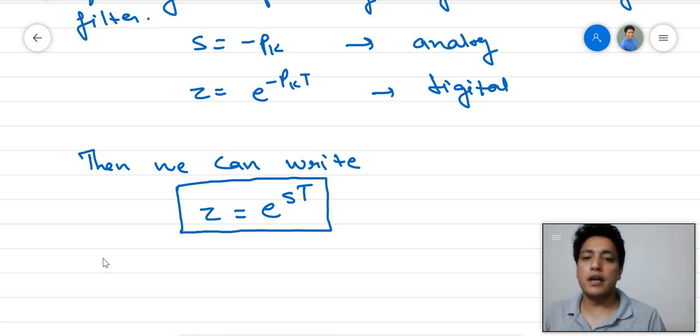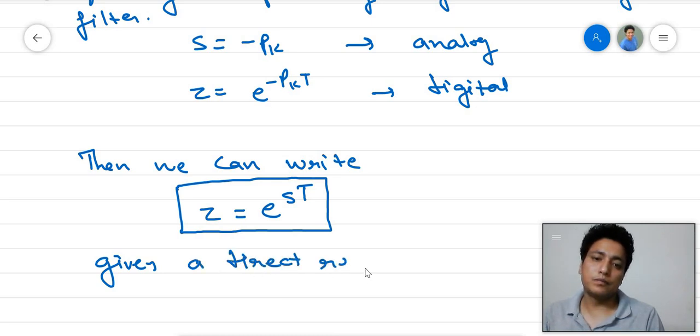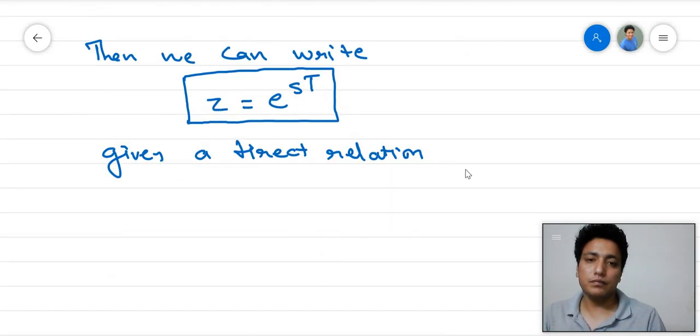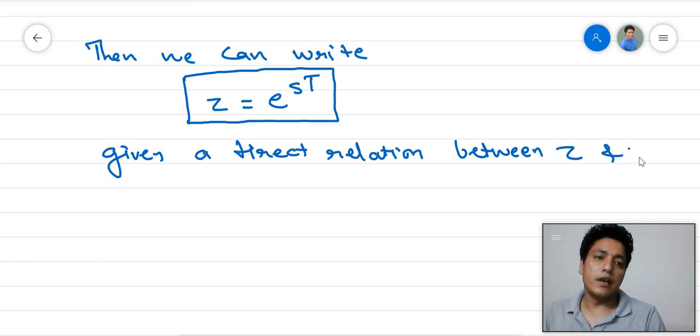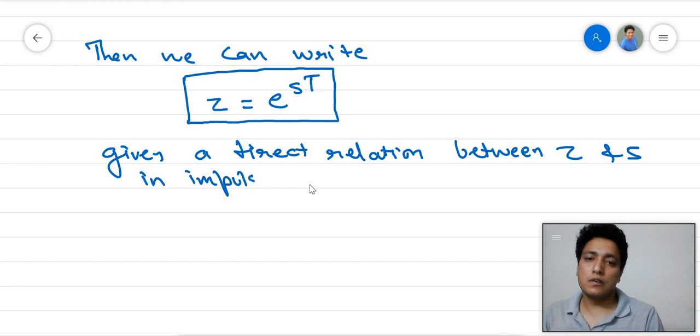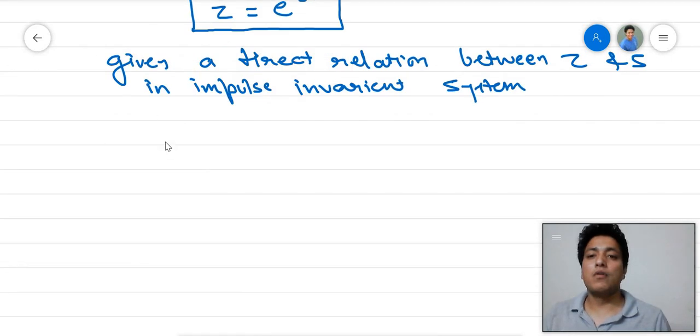It gives a direct relation between z and s in impulse invariant system.